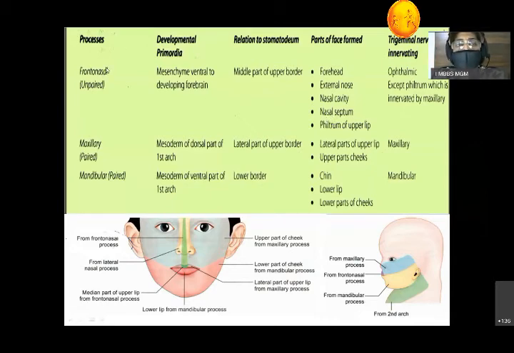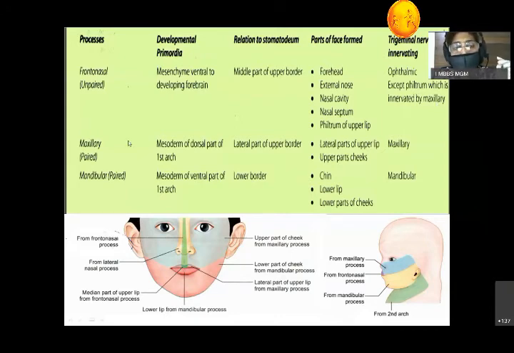So frontonasal process is giving us forehead, external part of the nose, nasal cavities, and the components of intermaxillary segment, that is nasal septum and philtrum of the upper lip. Okay, and that is why all of them are supplied by the ophthalmic division except the skin of philtrum, which is innervated by maxillary nerve.